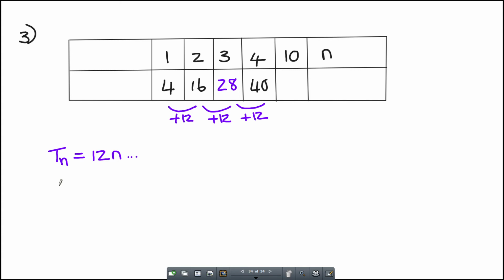Okay, so we go substitute n. So term 1 will be 12 times 1, which gives me 12, and I'm supposed to end with 4. So what did I do? So therefore, term n would be 12n minus 8.